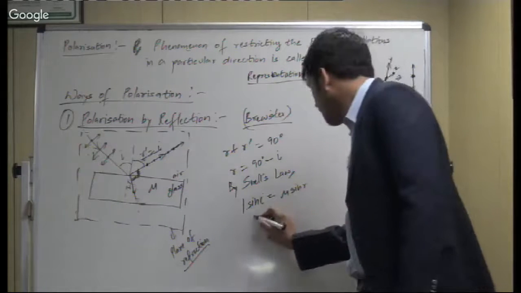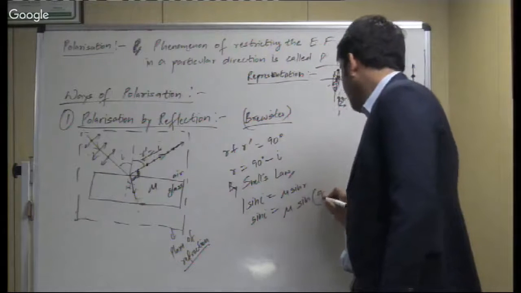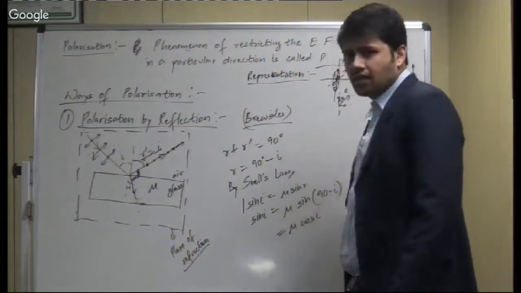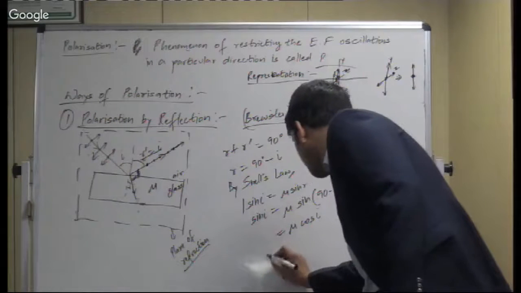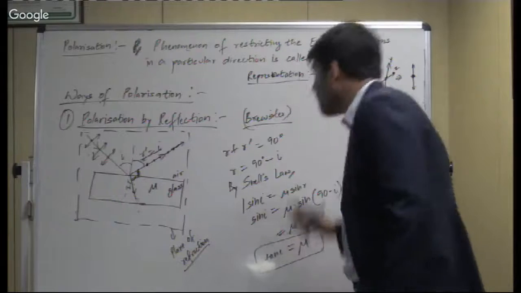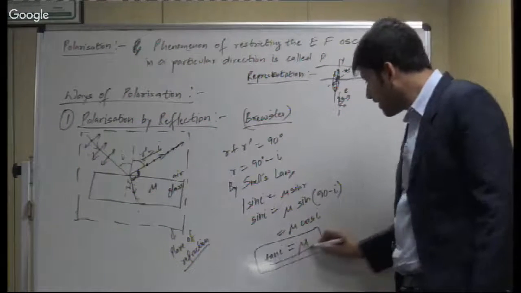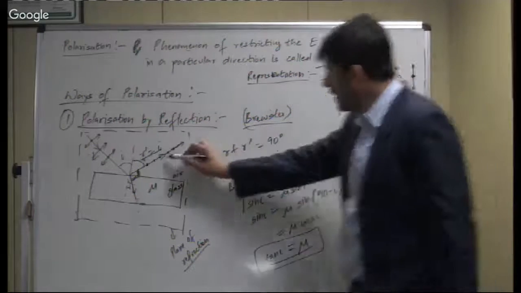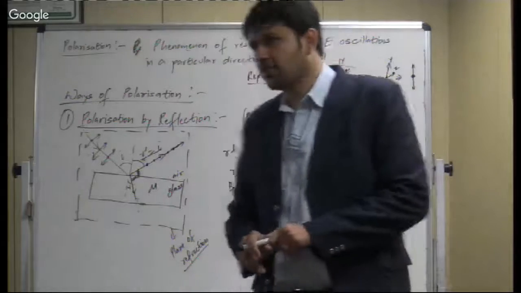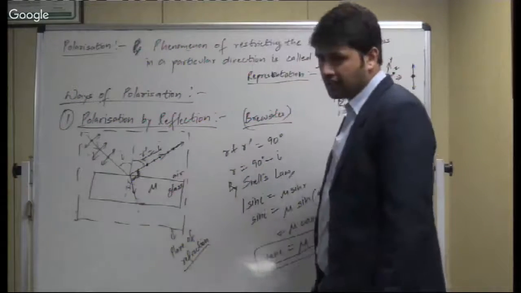Sine I is mu sine(90 minus I), which is mu cos I. So the result we get is tan I equals mu. So at a particular angle, when this condition is satisfied, the reflected light is plane polarized with oscillations perpendicular to the plane of refraction.